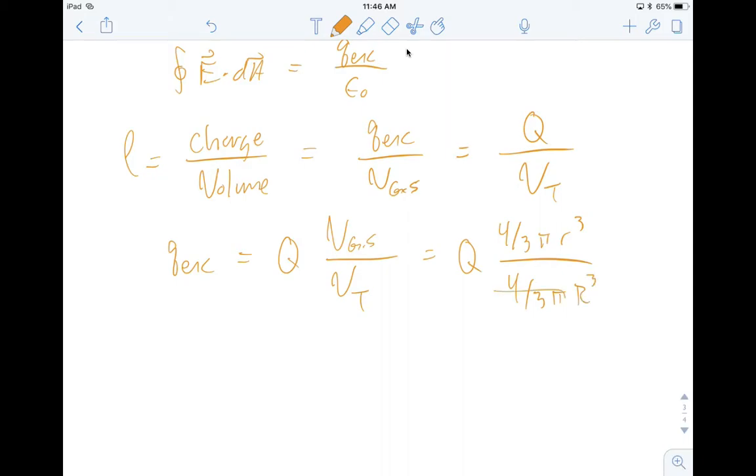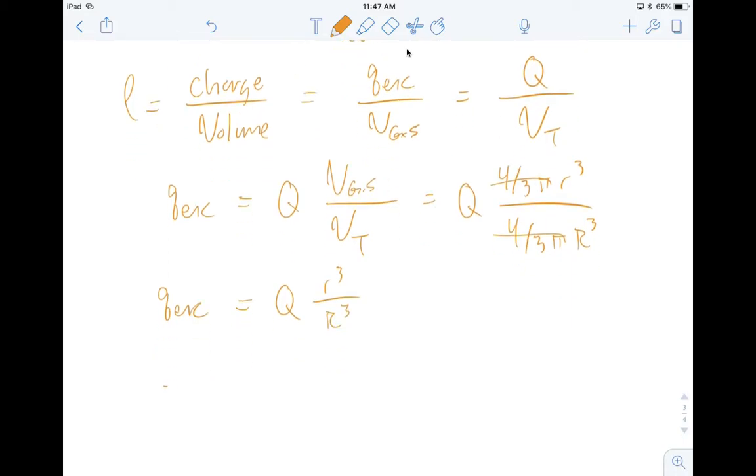The 4/3 pi's cancel out, and so you're just left with Q enclosed equal to Q little r cubed over big R cubed. So Q enclosed over epsilon naught is just equal to Q r cubed over big R cubed divided by epsilon naught.